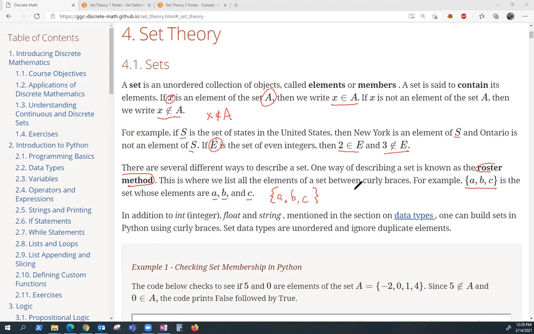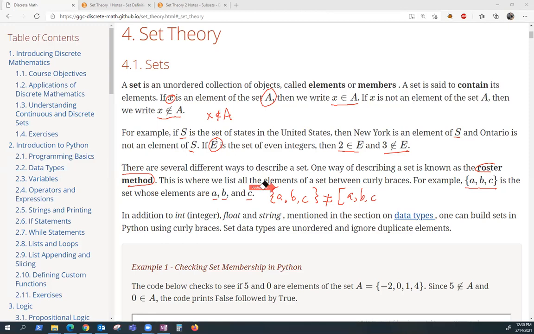And that's going to distinguish it from using parentheses, which is not the same thing as writing it with parentheses. And it's also not the same thing as using brackets. We're going to be very, very particular that we're only talking about a set if we use curly braces like this.